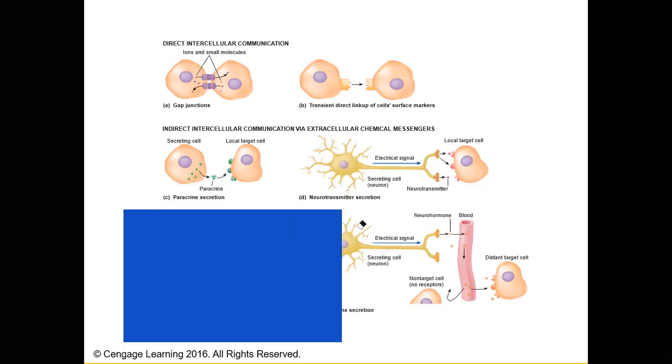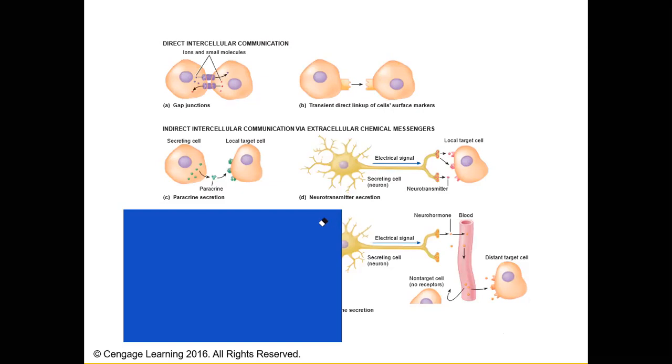Number two, you can also have a neuron releasing a chemical. But that chemical does not go to the adjacent cell. That chemical is taken up by the blood, and the blood helps to transport it to a far-placed target, therefore causing a reaction in the target cell, which is very far located from the secreting cell.